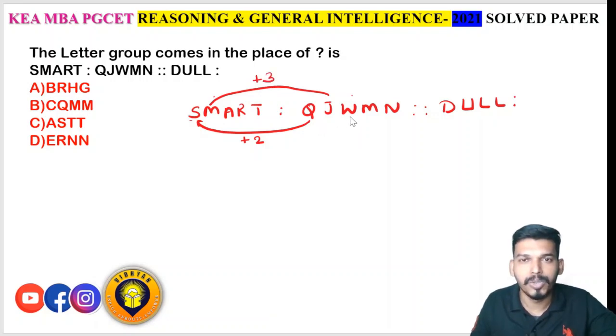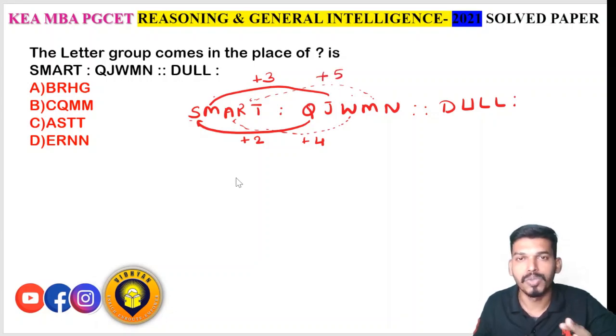Then W to A: X Y Z A, which means +4. Then M to R: N O P Q R, which means +5. It keeps increasing: +2, +3, +4, +5, similarly N to T is +6. In the same way, here you should get 4 letters.